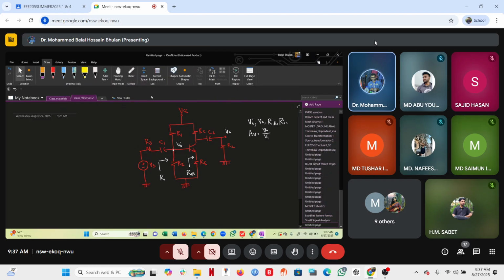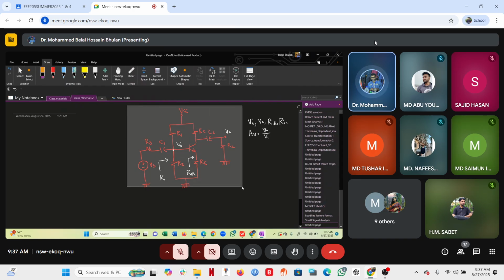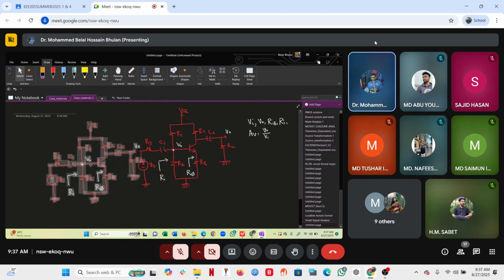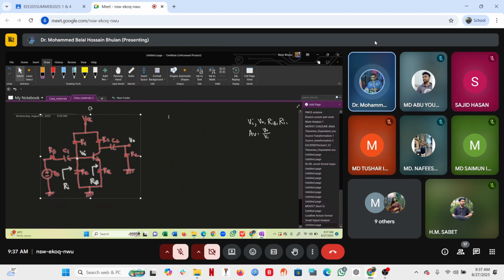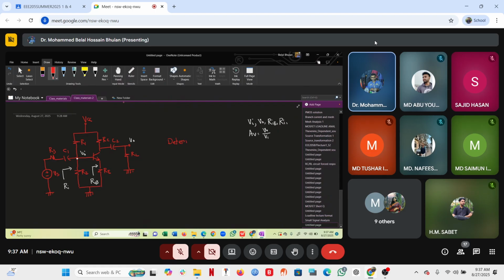Okay, let's begin. Last class, we already learned that in order to analyze an amplifier only for small signal, the first thing we need to do is to determine the small signal parameters.